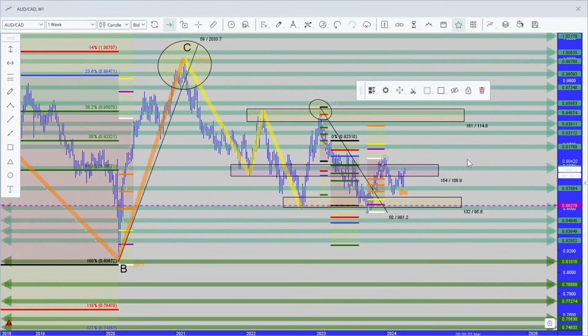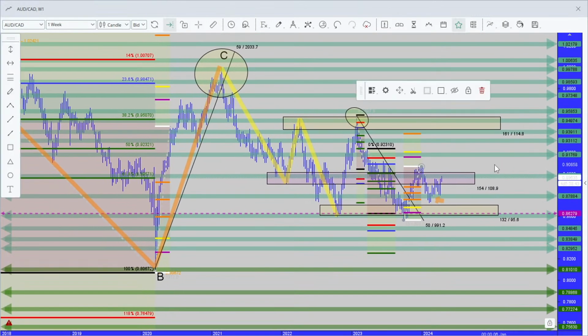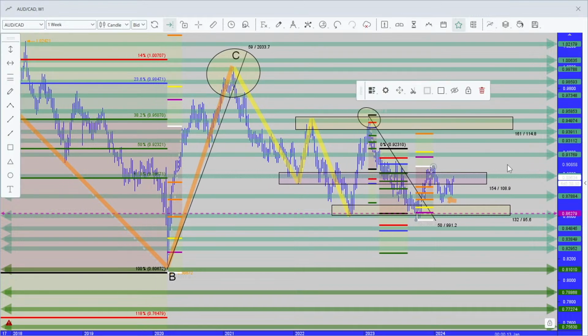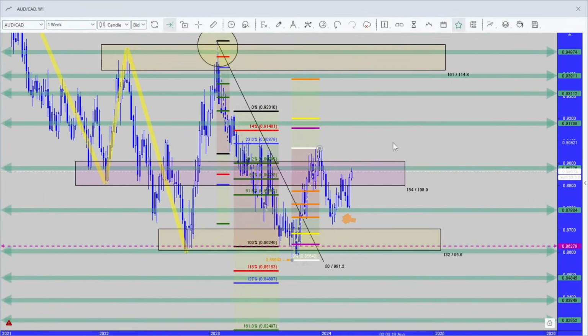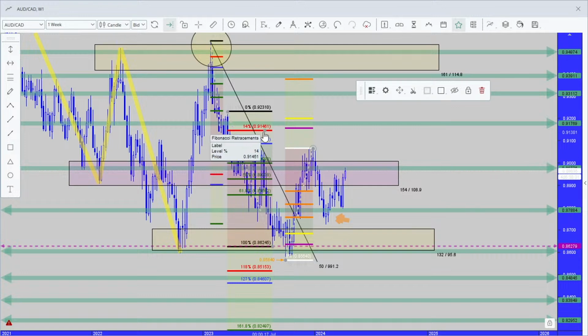So this is the AUD weekly chart. It could be any currency pair on any time frame, but just an example. Let's say that I'm shorting the confirmation Fibonacci on the AUD weekly chart. Just an example. It could be any time frame.